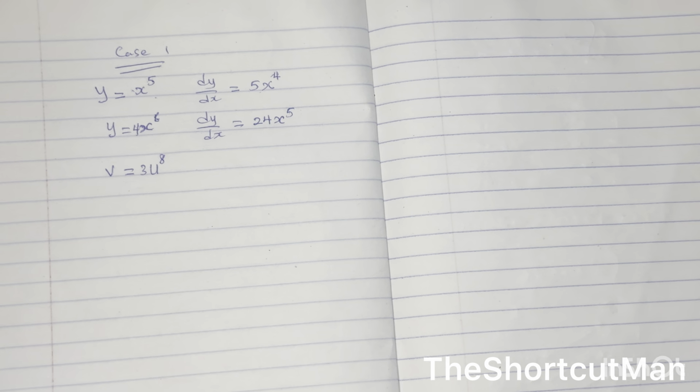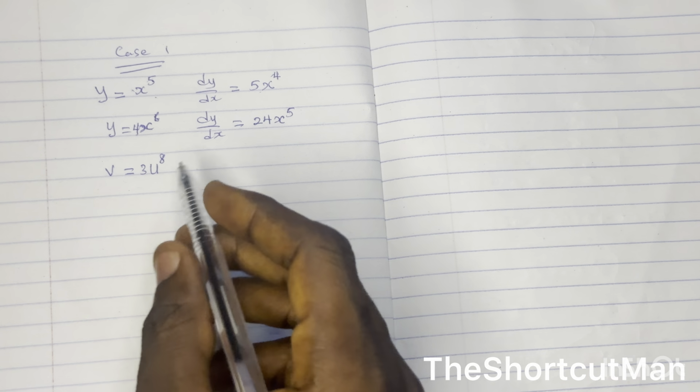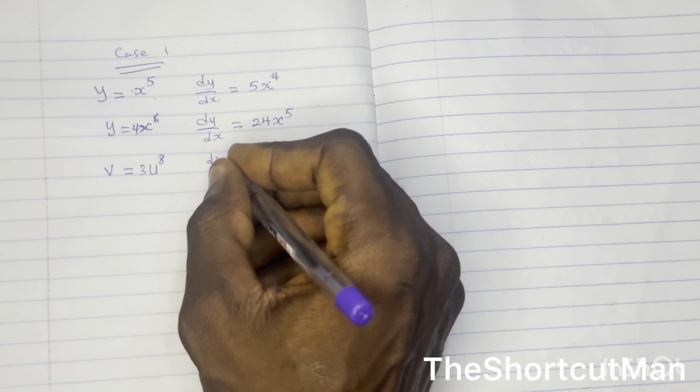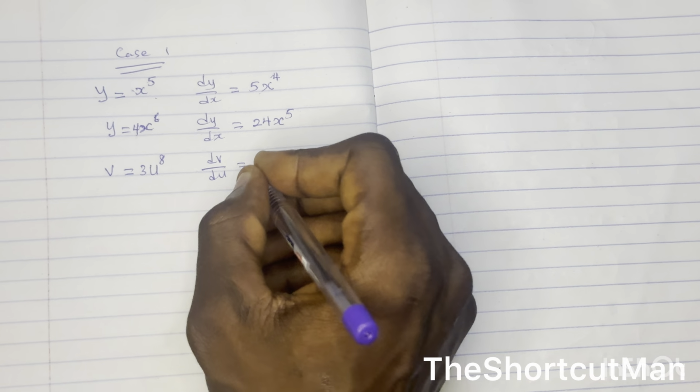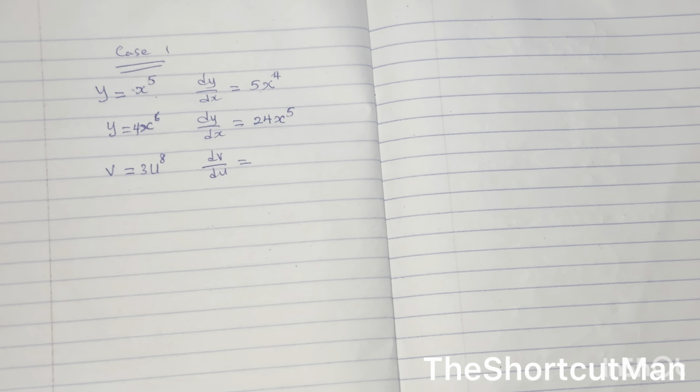This is where you should know that differentiation is not just about dy/dx. In this question, they cannot ask you for dy/dx. Are we all together? They can only ask what is dv/du. If they ask for dy/dx in this type of question, it is wrong.